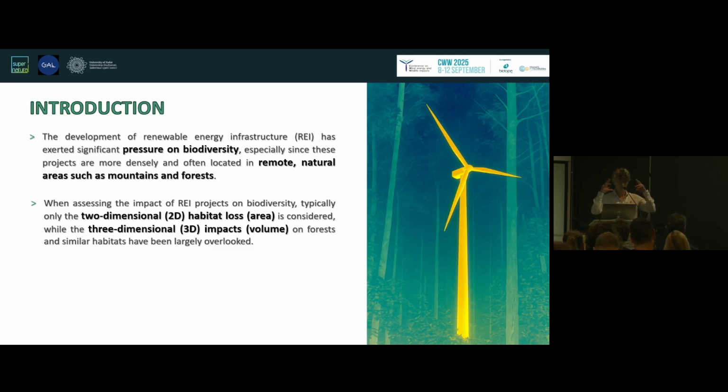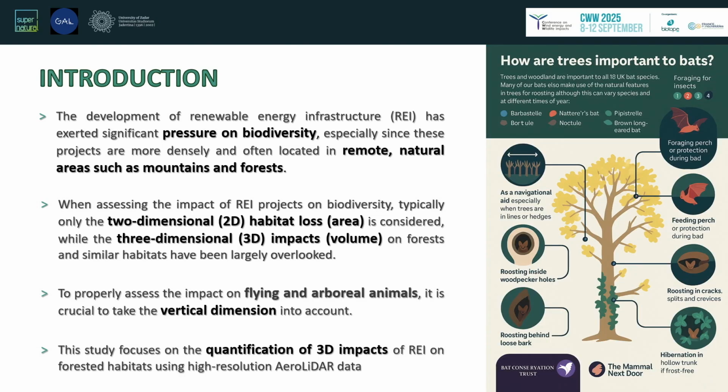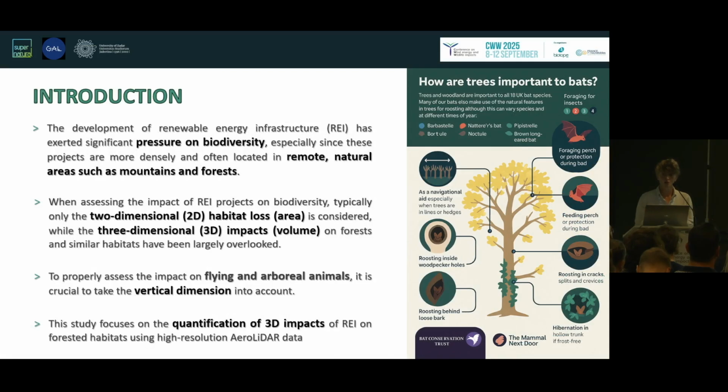But my thought was that the forest is not a two-dimensional area, it's a space, a three-dimensional habitat for flying species and arboreal species. So they use the whole vertical perspective of that habitat. It's not just a plain terrain, it's a vertical perspective that animals use.